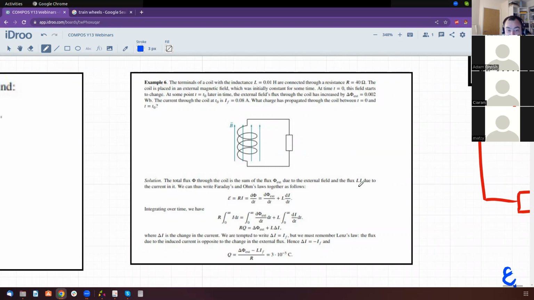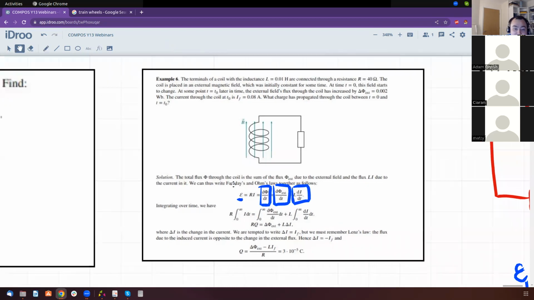So the total EMF is the total change of flux, and it has two components: the change of the external flux plus the change of the flux produced by the coil itself. So we're going to apply this.